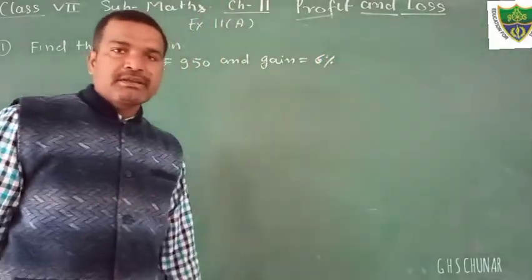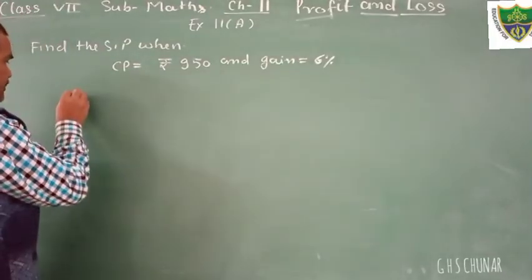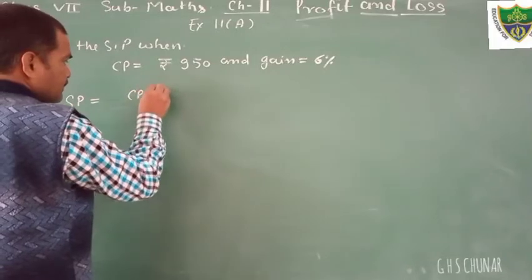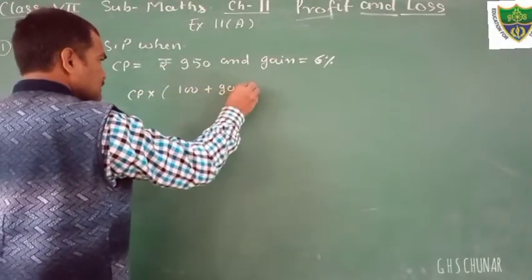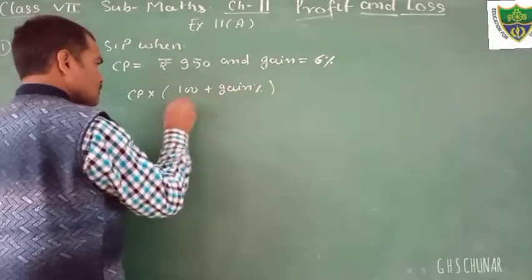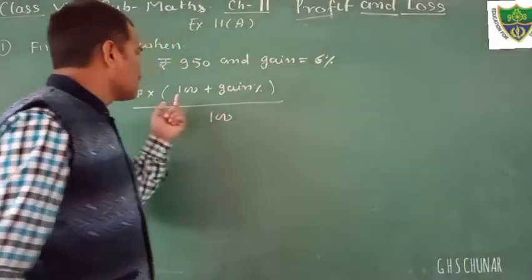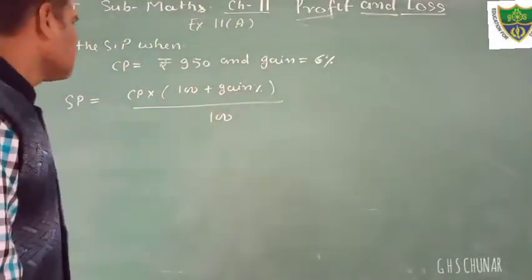When CP and gain percent are given, we know that SP is equal to CP into 100 plus gain percent, whole upon 100. Now we put the values of CP and gain percent in this formula to find the SP.